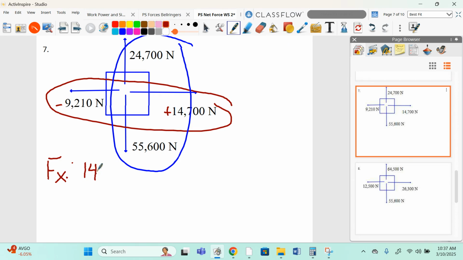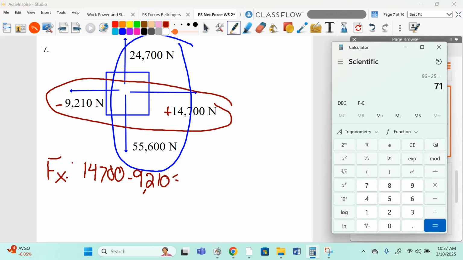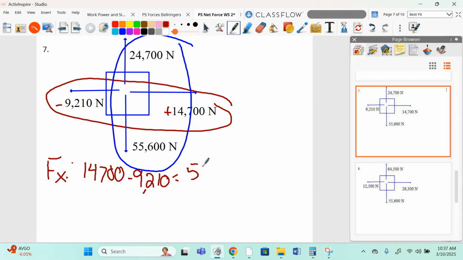So I'm going to take 14,700 and subtract 9,210. 14,700 minus 9,210 gives me 5,490 newtons. Right, because right was bigger.